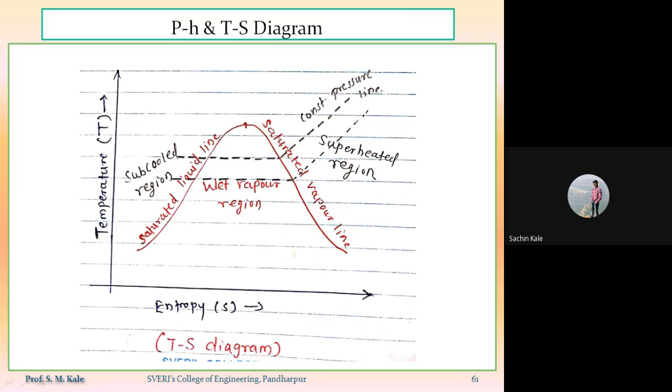A constant enthalpy line is missing. I will show. First of all, complete this much. After that, I will tell you what extra point you have to write.